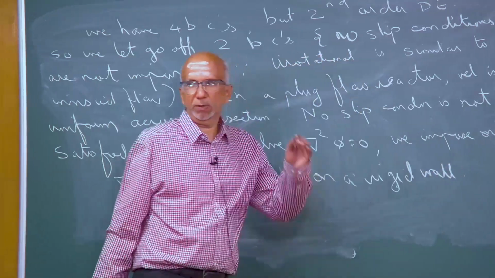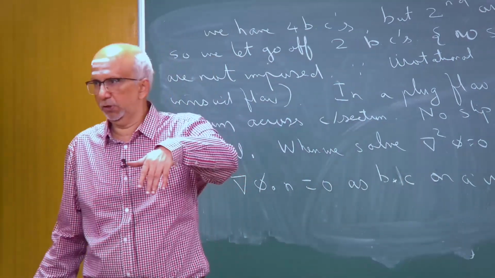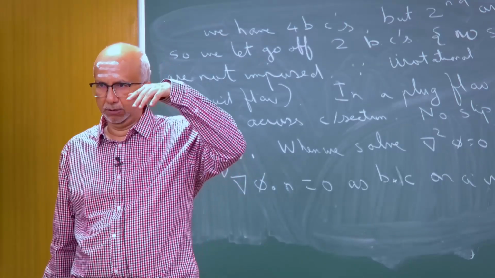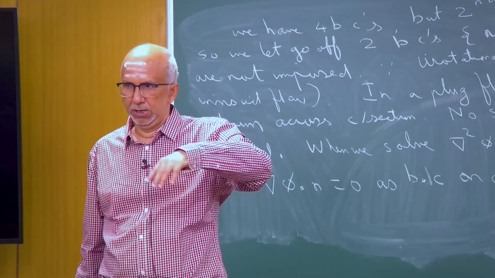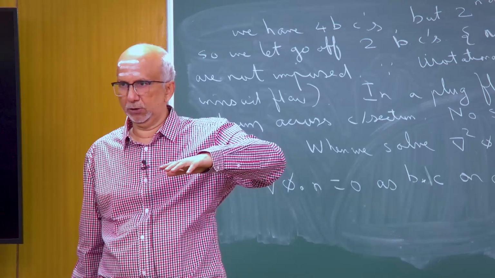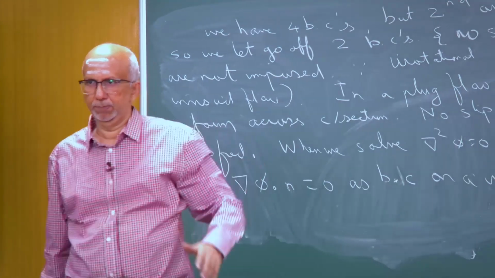That is only the normal component. Del phi dot n is the normal component of velocity. Okay. So, only that is imposed. I do not impose conditions on the tangential component. Okay.